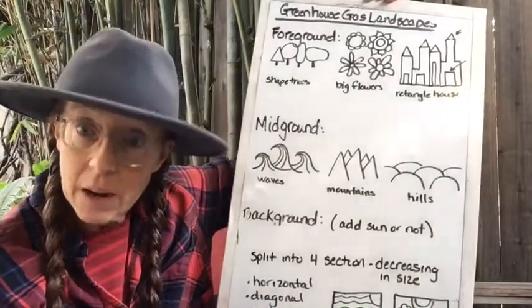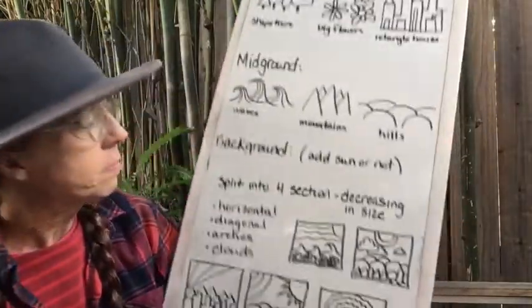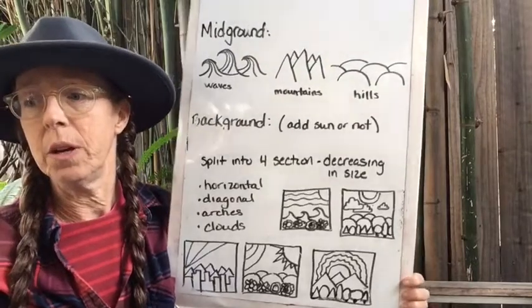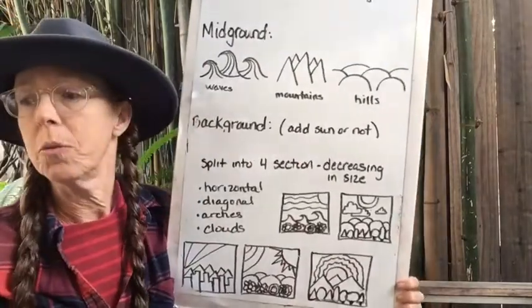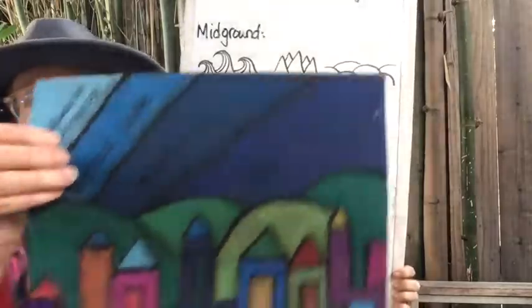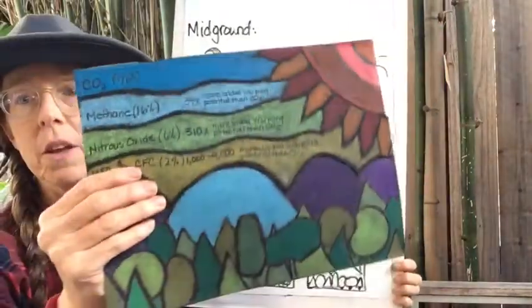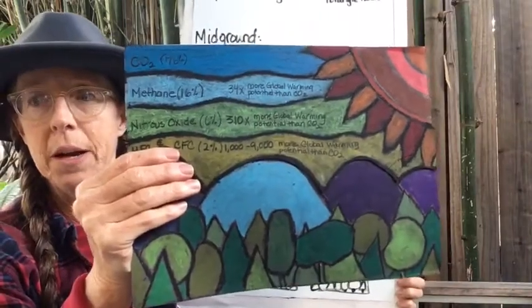And then for your background area, you can have a sun or not a sun. You can see on this one, oops, which one is it? This one, I chose not to have a sun, but in this one, I chose to have a sun with rays coming out of it.